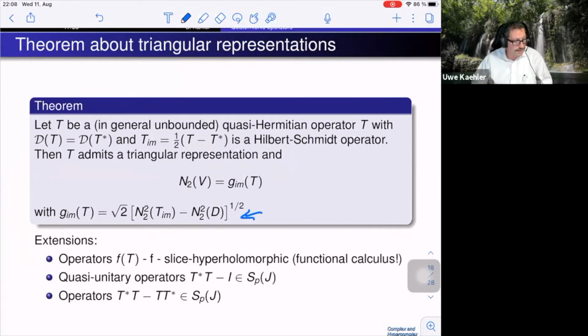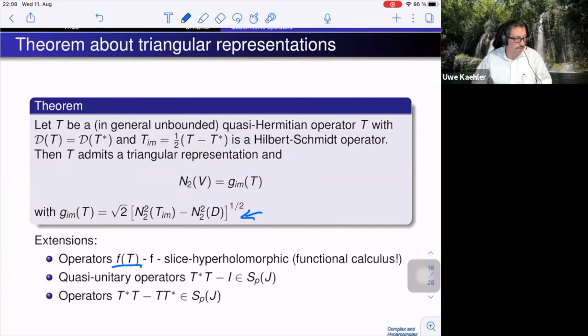So the theorem you can also extend to other cases, like for instance, you take operators f of T, where f is slice holomorphic, then you could use the functional calculus. You could also use quasi-unitary operators, where T star T minus identity would be in one of the Schatten classes, or even operators which are not normal, but have a slight perturbation.